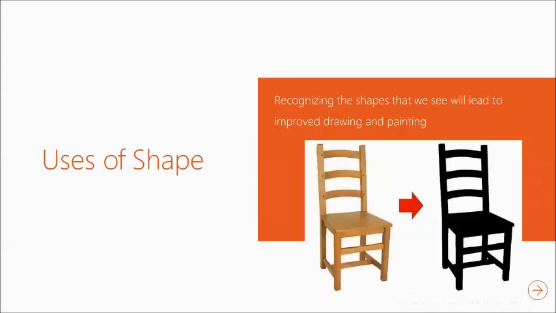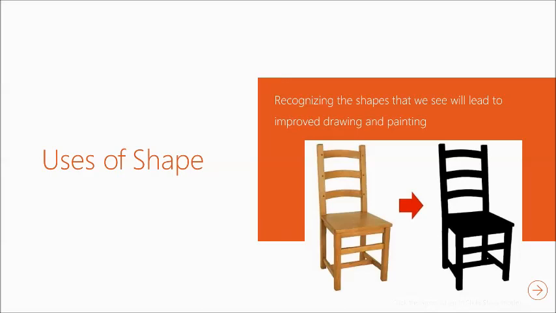So recognizing the shapes that we see will lead to improved drawing and painting. So for example, you see here a chair. Based on this one, I can see that there is a square, there are rectangles, okay?